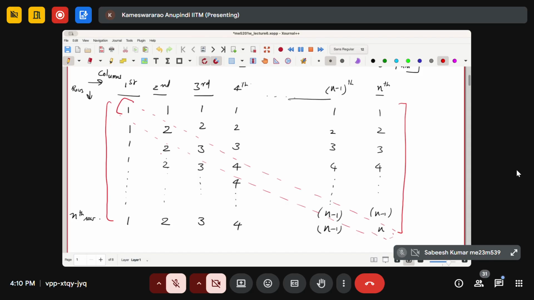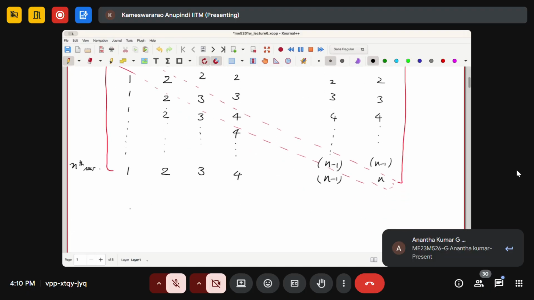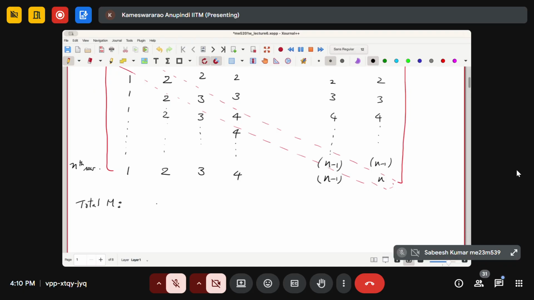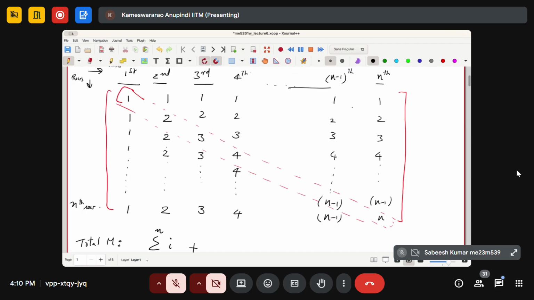Excluding the main diagonal elements, which are 1 to n, let me write down what these elements are. The total number of multiplications along the diagonal is sigma i, where i goes from 1 to n. That is basically 1 plus 2 plus 3 plus 4 all the way to n. Plus I have to sum everything that is above and then everything that is below. That's what I have to do.